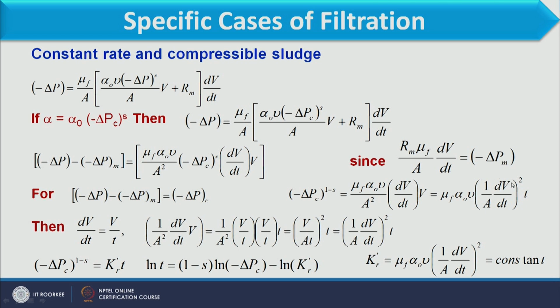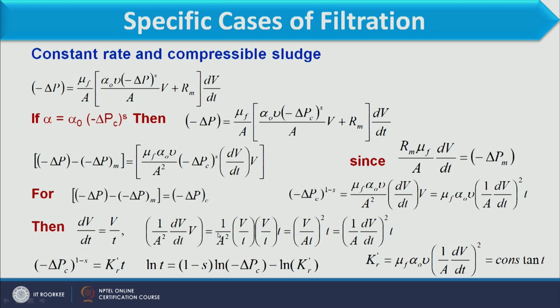Now how is this expression obtained? Because here we have the expression dV by dt by A square into V. As this is the constant rate case, dV by dt would be a constant, that should be V by T. Now as you can see, we have to rewrite this expression. How can we rewrite this?